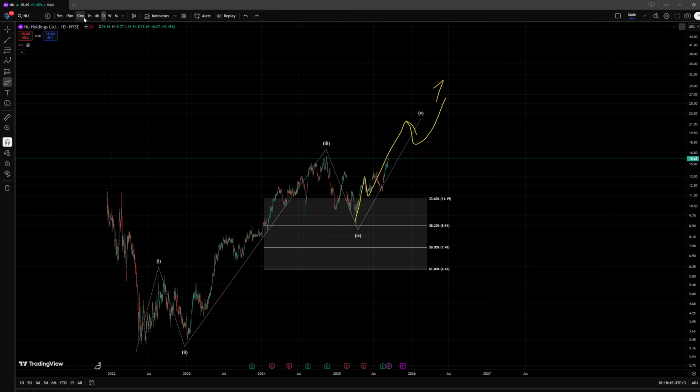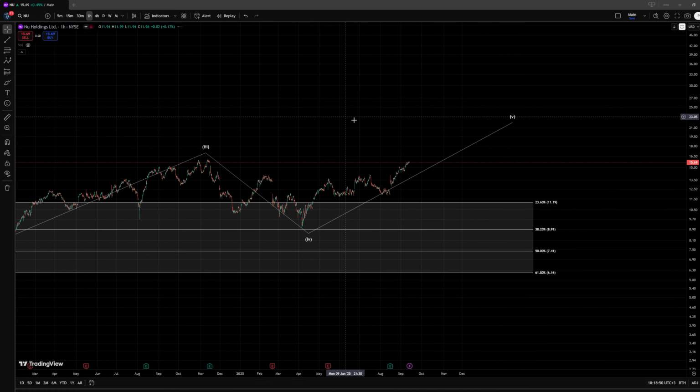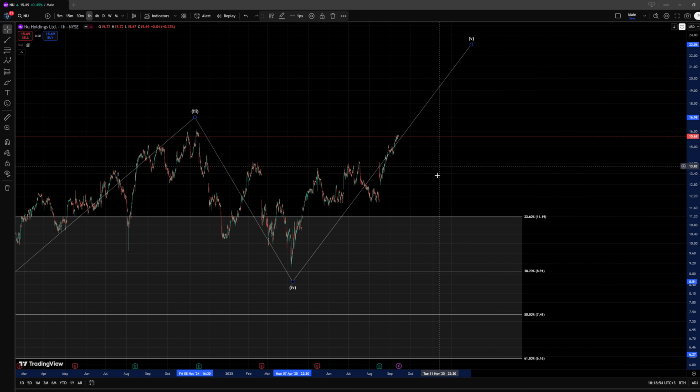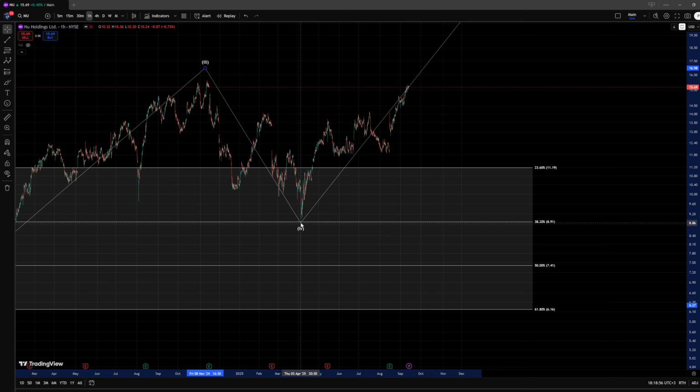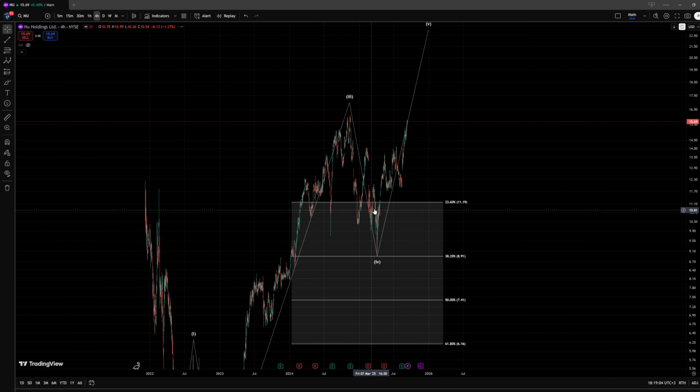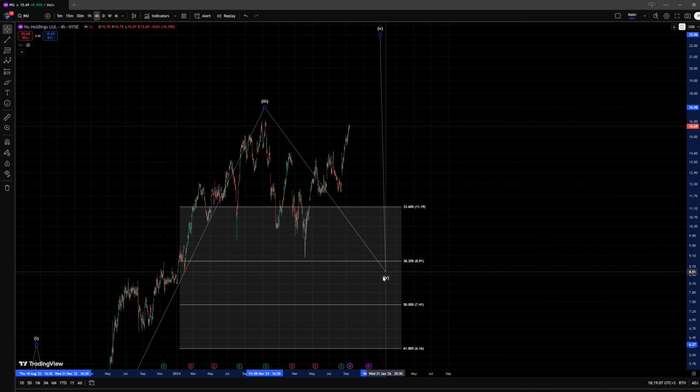Now, so far we seem to be still following the support for both scenarios. We haven't even reached the 38.2% retracement in the case of this wave 4, and we possibly completed it. It is possible to have a reset.